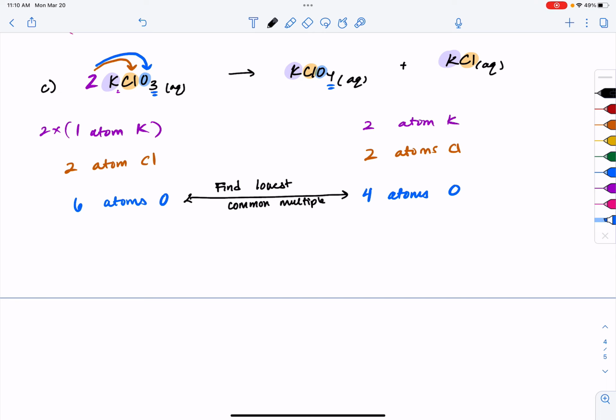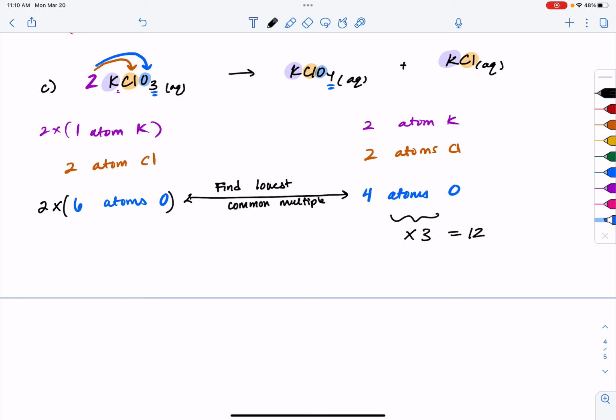And the lowest common multiple between 6 and 4 is 12. So if I double this, then that should allow me to get somehow 12 atoms on my product side.